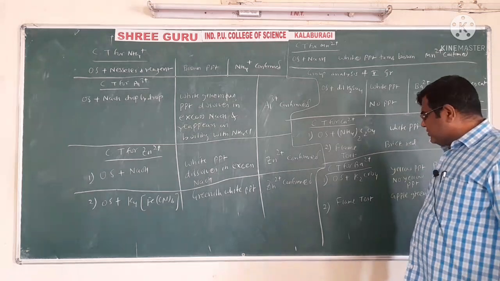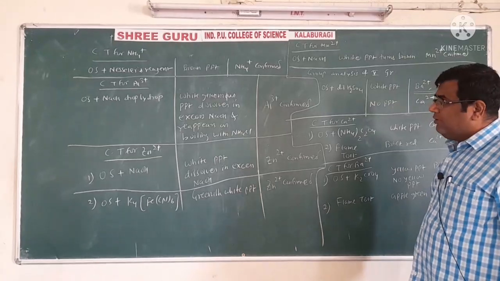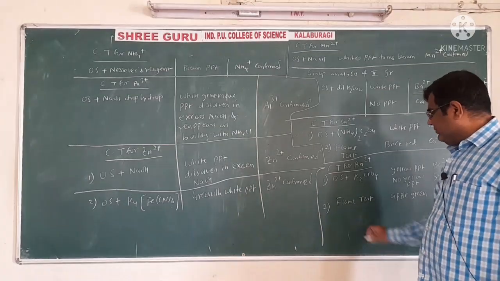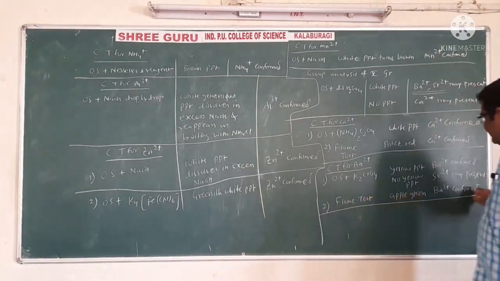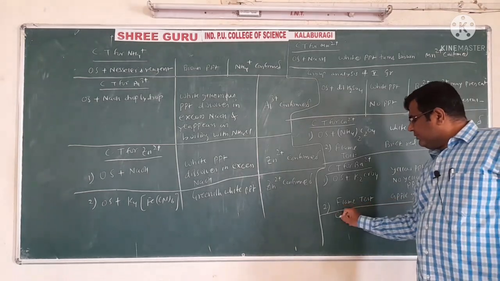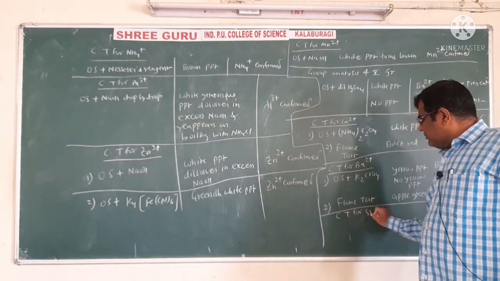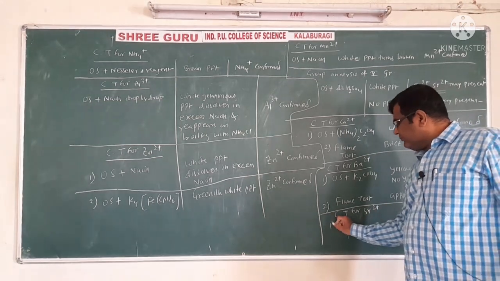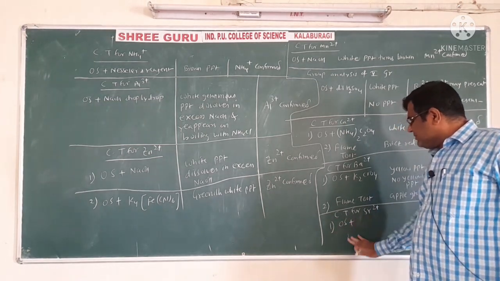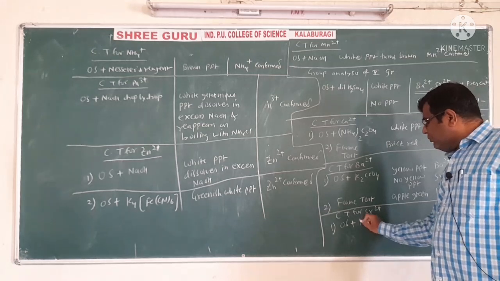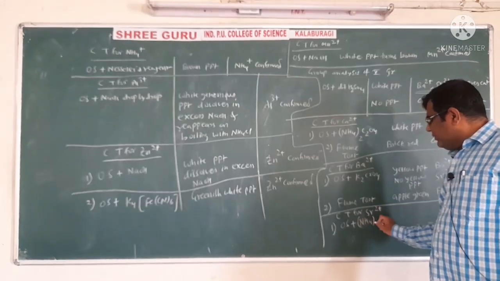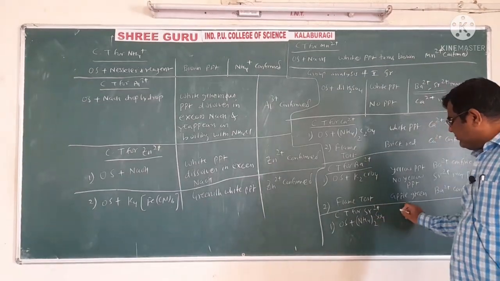Now the confirmatory test (Ct) for strontium. I will write here only. Ct for strontium: original solution plus ammonium sulfate.